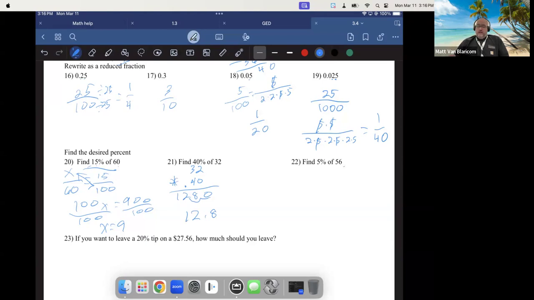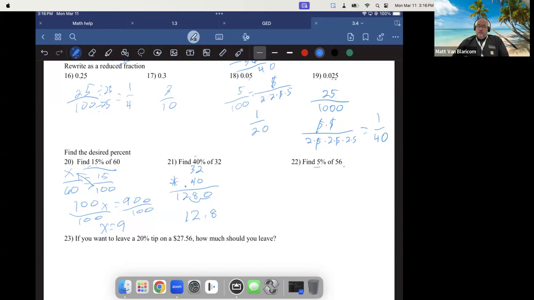I'm going to show you a neat trick. When you see them in terms like this, one's 40, what I can do is I can say, okay, what is 10%? Well, that's if I move that over 1, right? That would be 3.2. 10 times 4 would get me to 40.